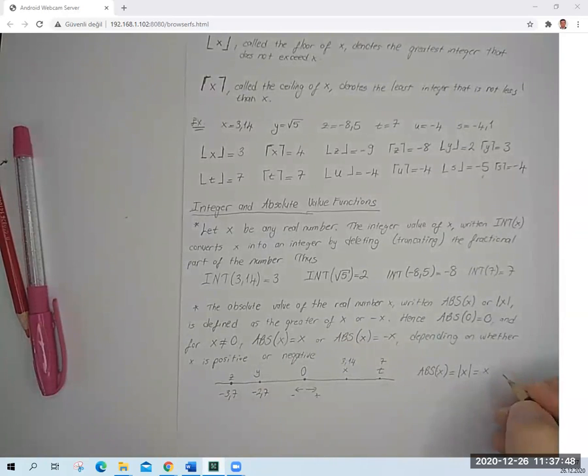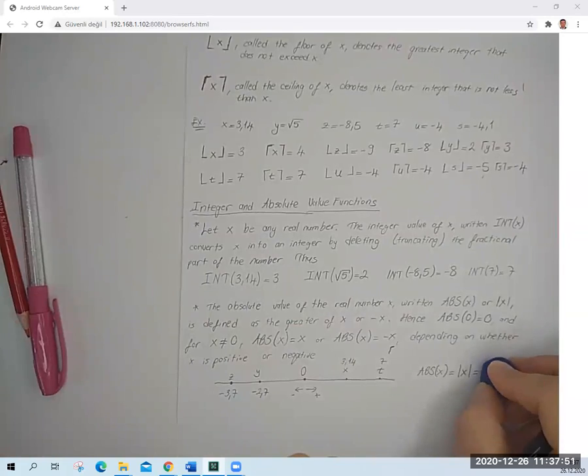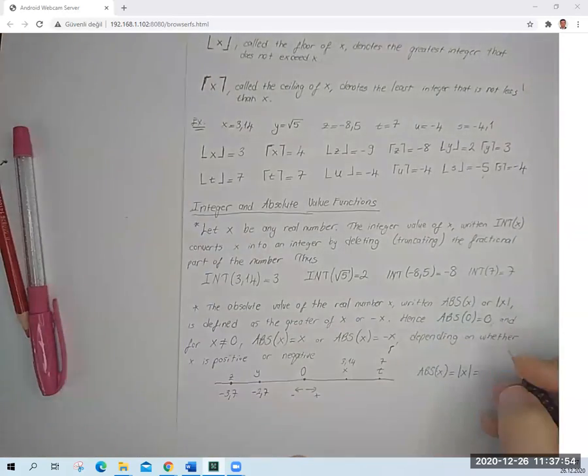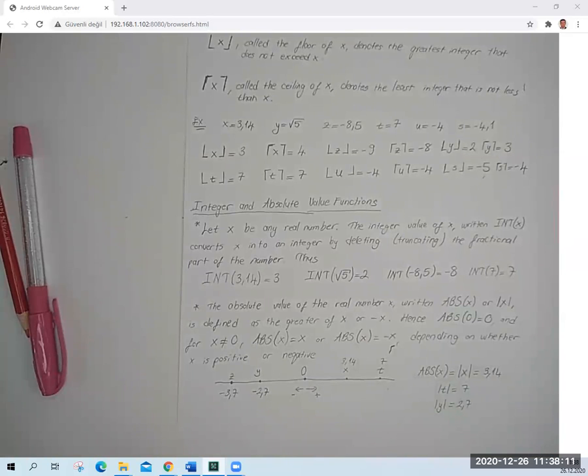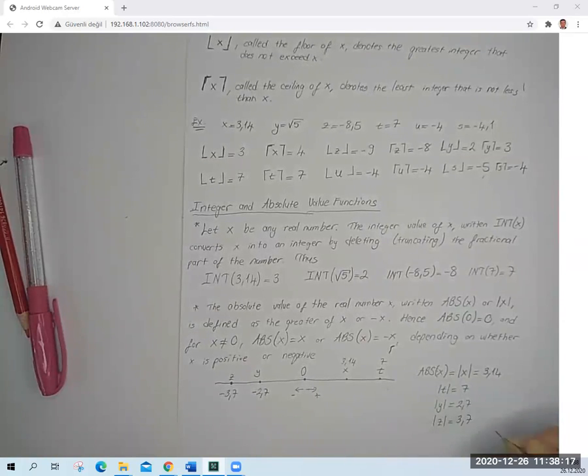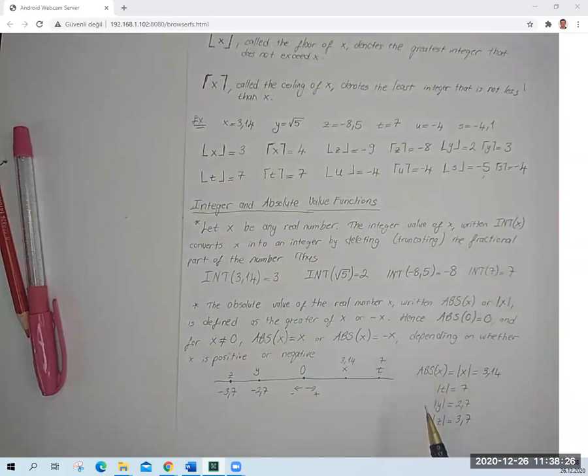When I write x is equal to 3.14. If I write here the absolute value of t, it is going to be 7. Absolute value of y, this is going to be distance, so 2.7, and the absolute value of z is going to be 3.7. This is the absolute value function. So we do not need to confuse our mind with the minus.